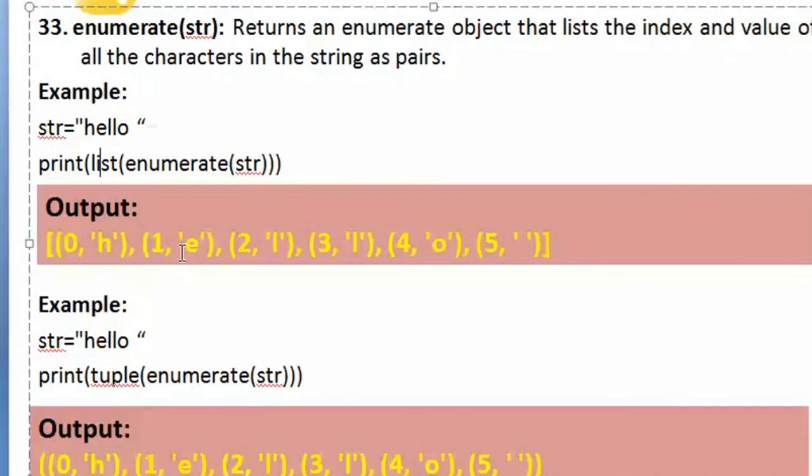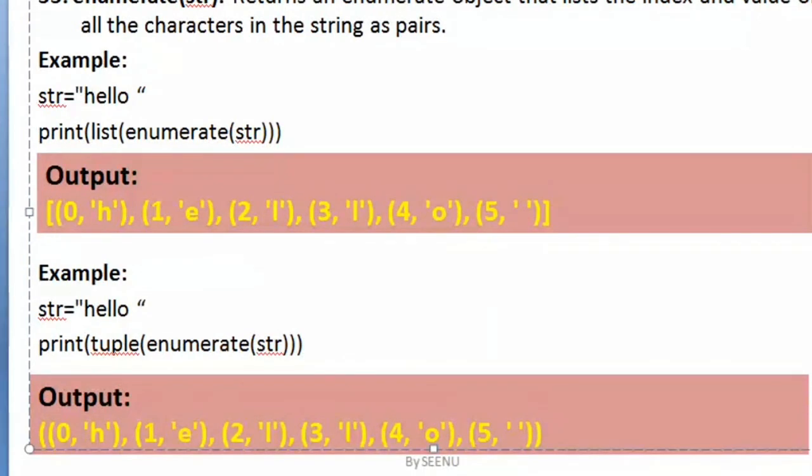Coming to the second case, I have typecast it into a tuple. You can also use a dictionary. Is this enumerate clear? The function will pair the index and the characters, and it will return an enumerate object.